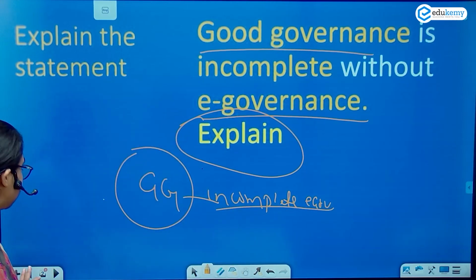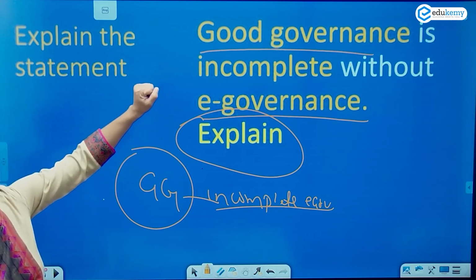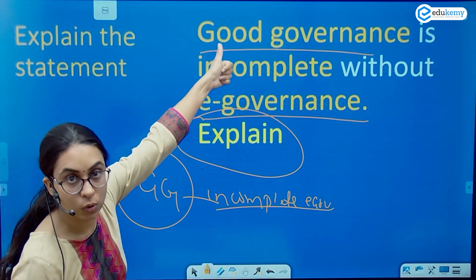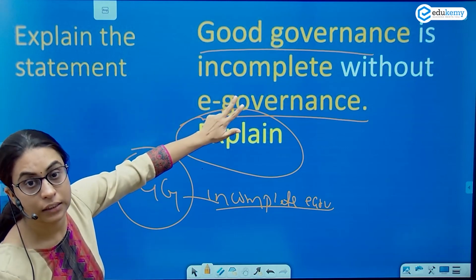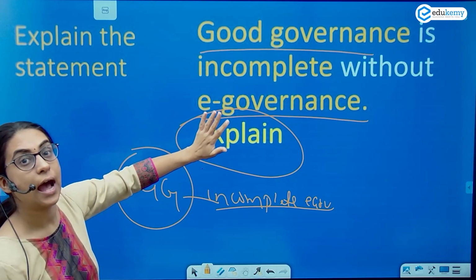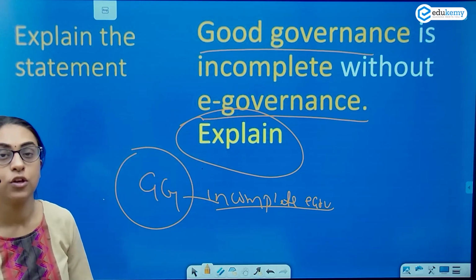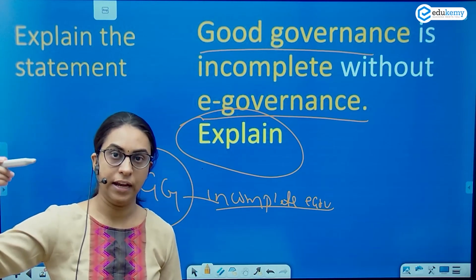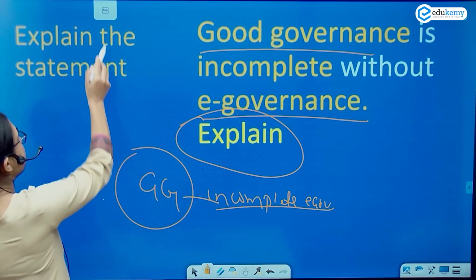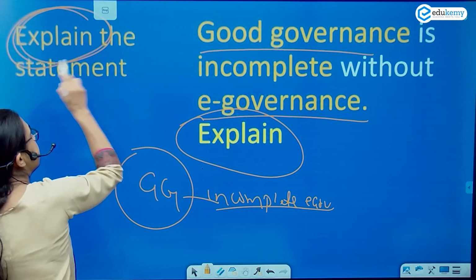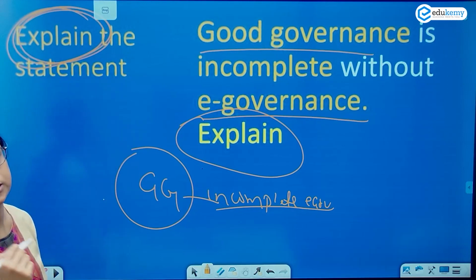So if I have to say what the key terms in the question are, the first key term is good governance, the second key term is incomplete, the third key term is e-governance, and the fourth key term is explain. A very important thing here is the instructional word explain.